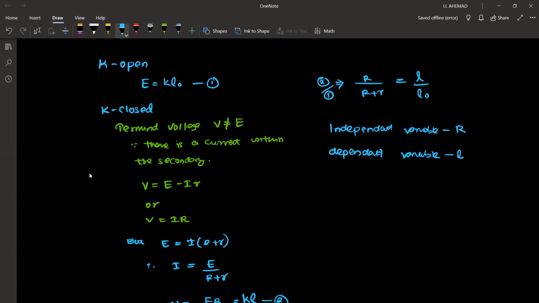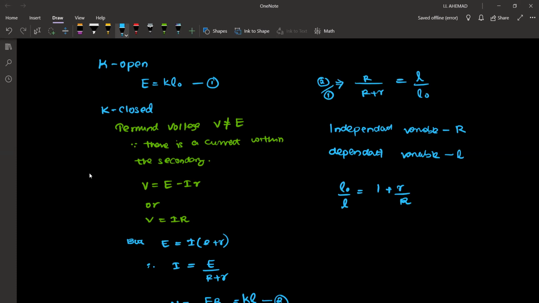But you can observe here, you are not able to get R to the x-axis. So let's get the reciprocal. So if we get the reciprocal, we have L naught over L is equal to 1 plus R over R.